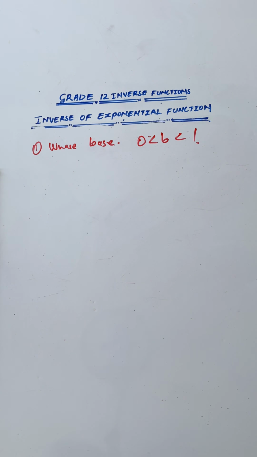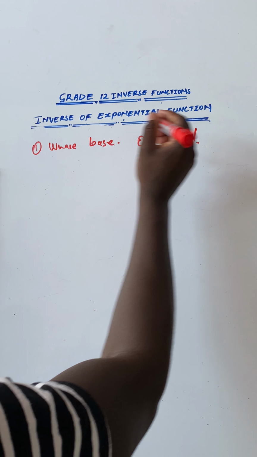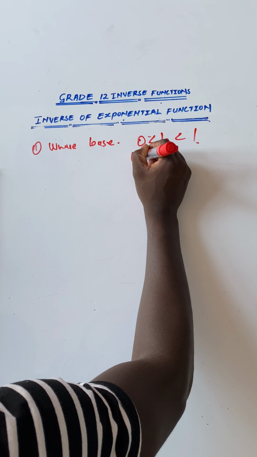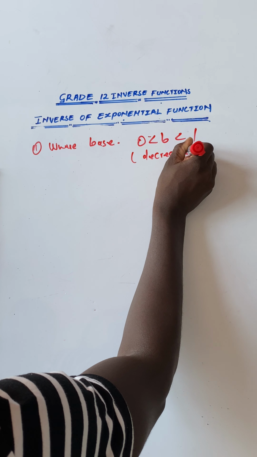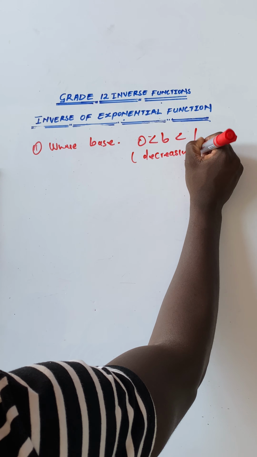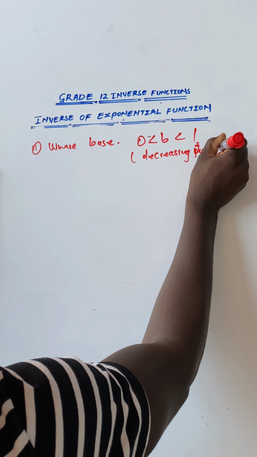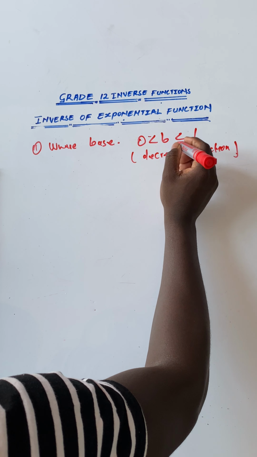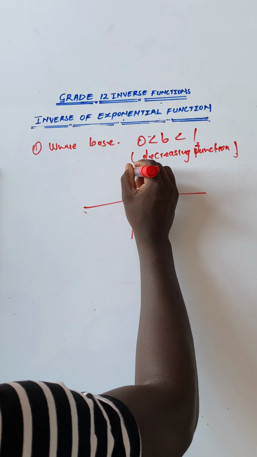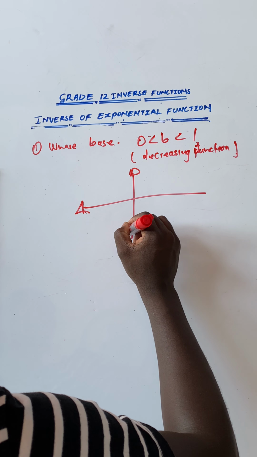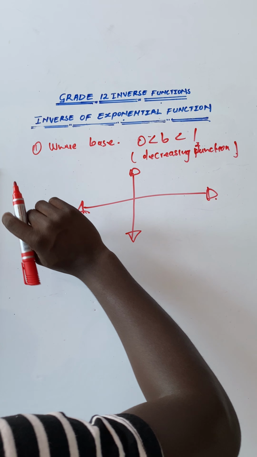So when the base is between 0 and 1, what are we expecting of this function? We're expecting it to be a decreasing function, right? This is just an extra note. So how do we see a decreasing function? We have our Cartesian plane there, and I won't be using a ruler because I just want to explain the concept.